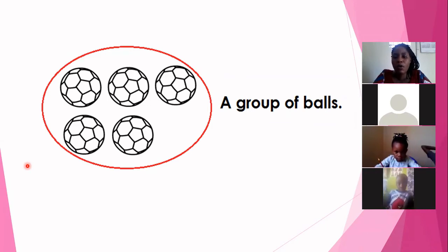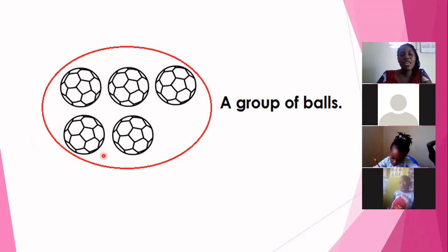You can say a group of balls, or you say a set of balls. Now, my pupils, we have to put in mind that if we are naming the set, for example, the one on our screen, we have there many members or elements. So when we are naming, we will say a group of balls. We can't say ball.